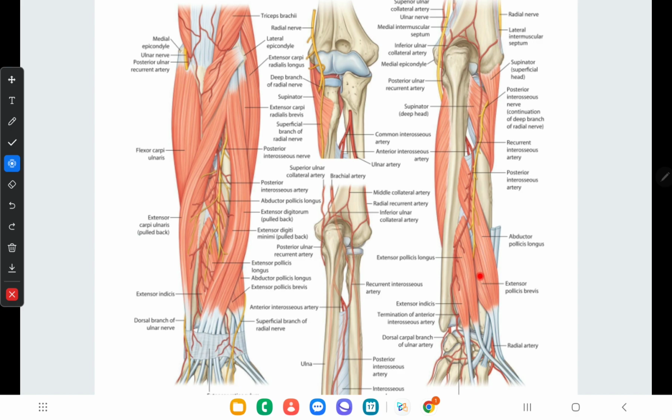Then it also gives articular branches to the wrist joint and the carpal joint.